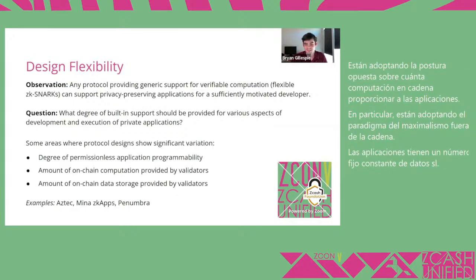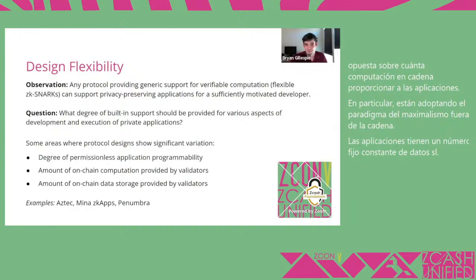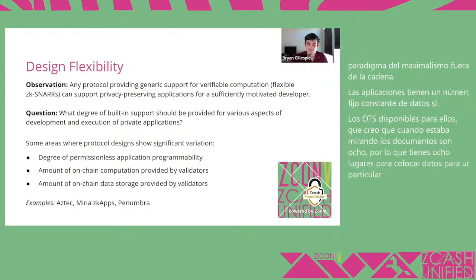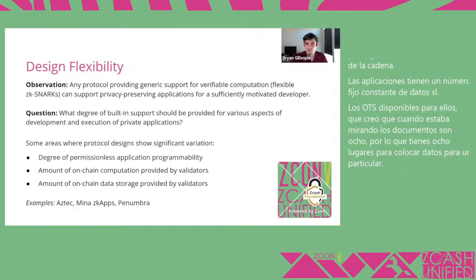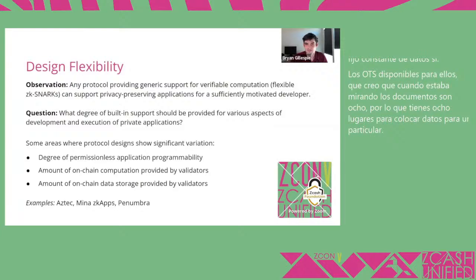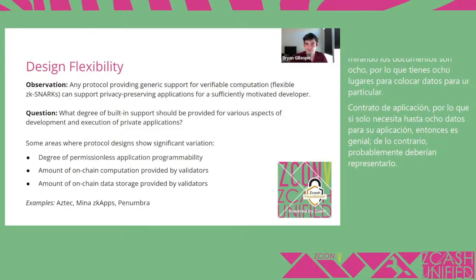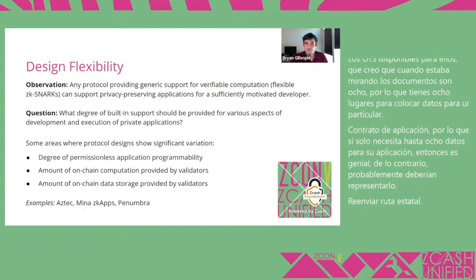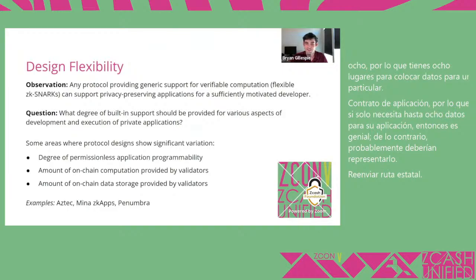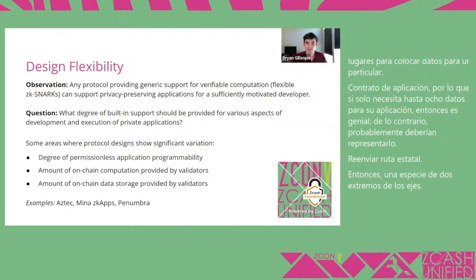So you have eight places to put data for a particular application contract. If you only need up to 8 pieces of data for your application, then great. Otherwise, those should probably represent Merkle state roots of some sort that can then be referenced from the private programmability logic and off-chain computation. So those are two extremes of the axis of on-chain compute provided by a validator set.